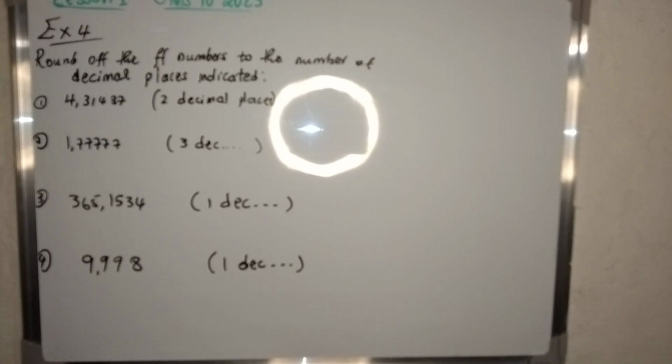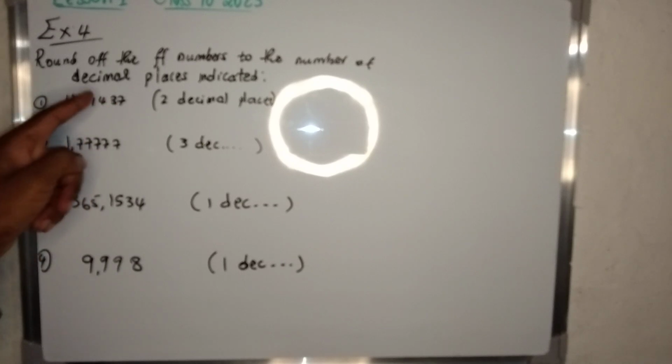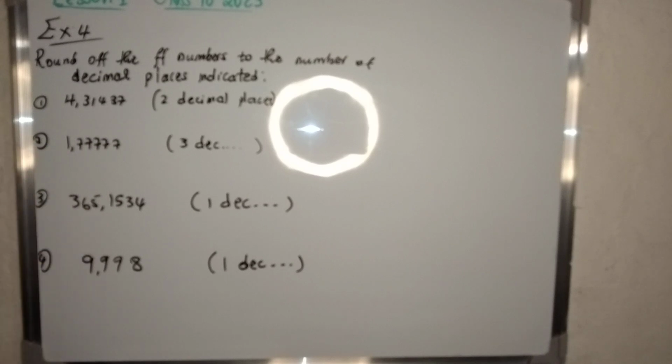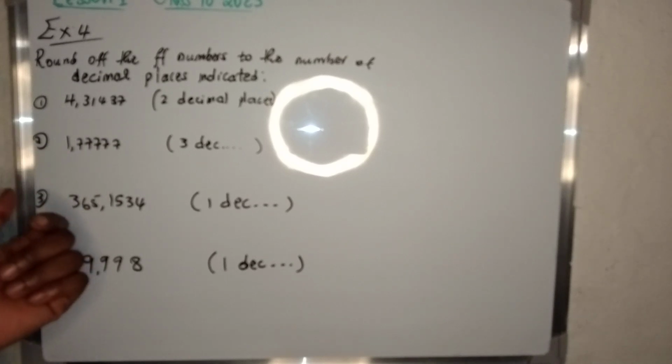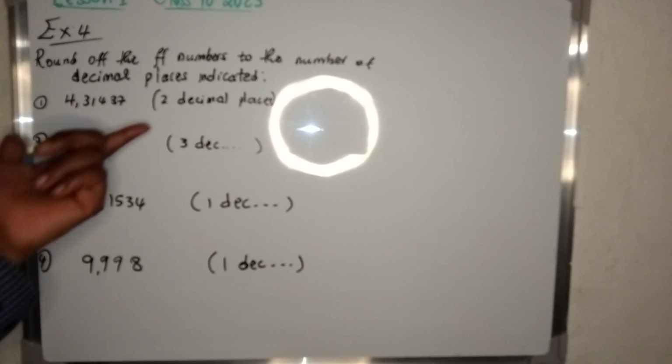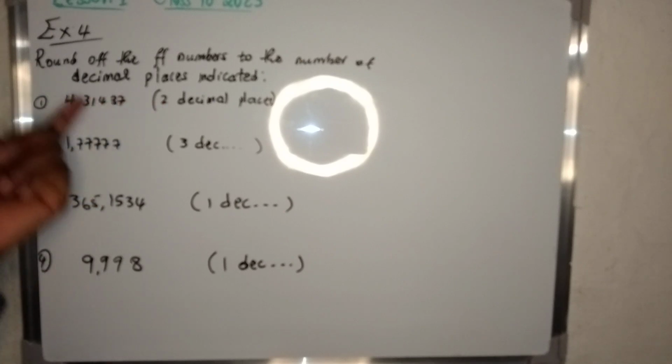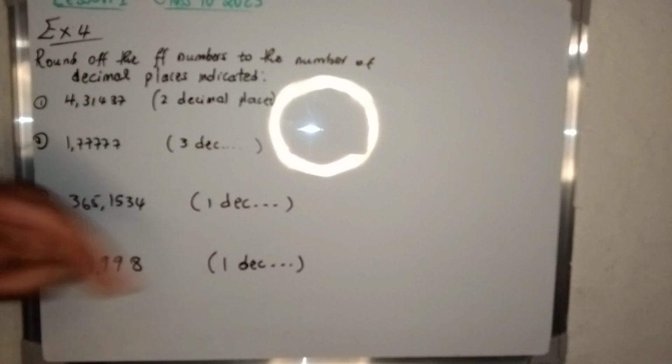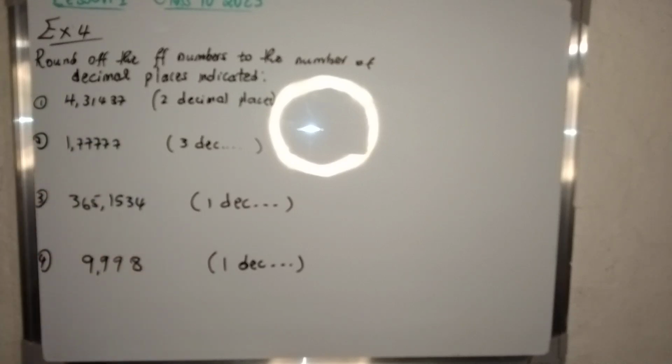The first one now says 4,31437. So these are the digits that are given to us after the comma, and we are commanded to round off to 2 decimal places after the comma. Now I want you to watch how I round off to 2 decimal places after the comma.